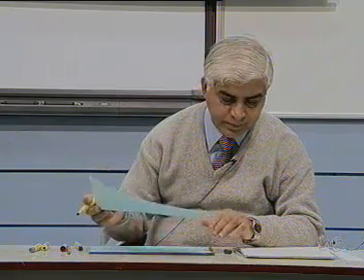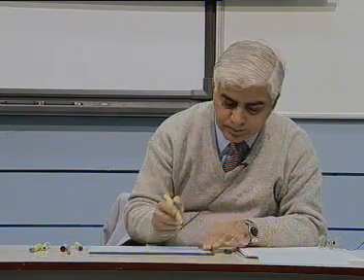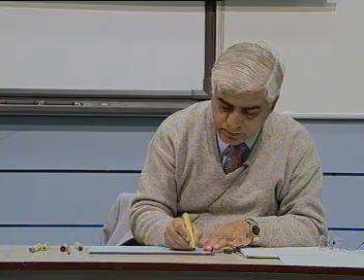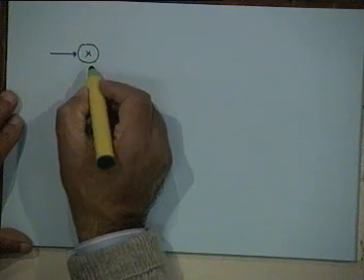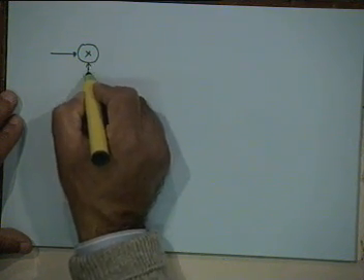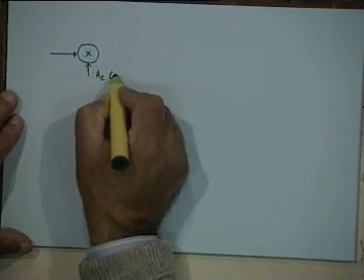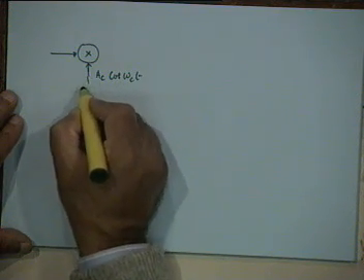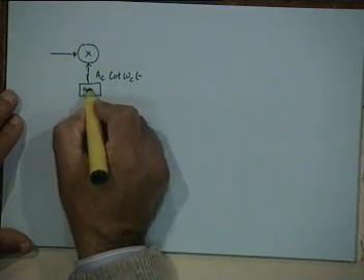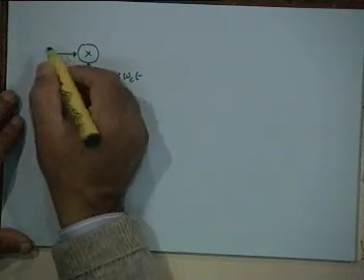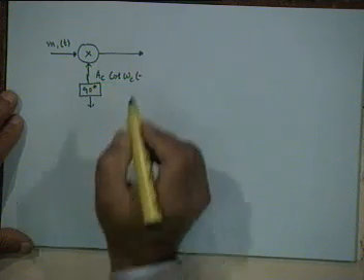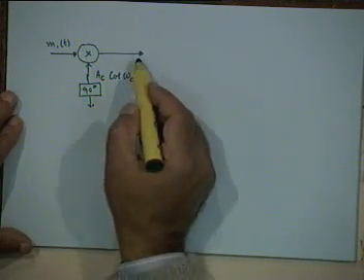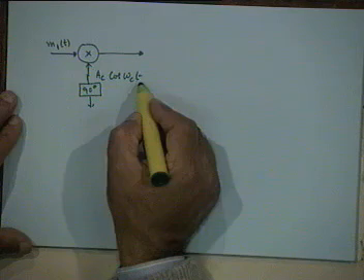To put it in the form of a figure, you have a multiplier for Ac cosine omega ct. Let's say you have a 90-degree phase shifter here. Your message signal m1(t) comes here, and this is your modulated signal m1(t) times Ac cosine omega ct.